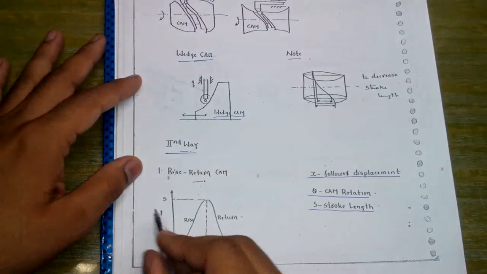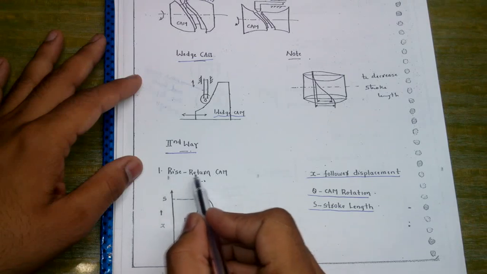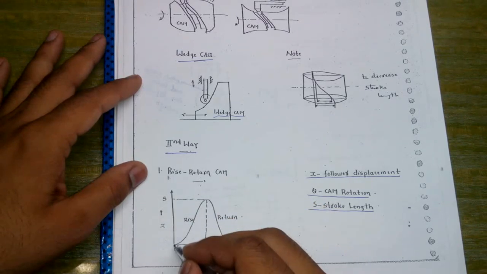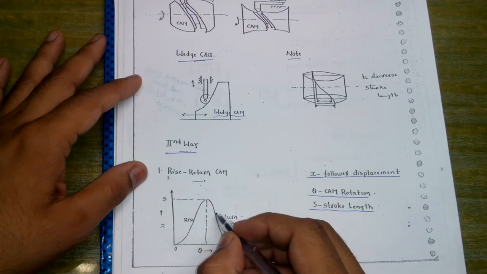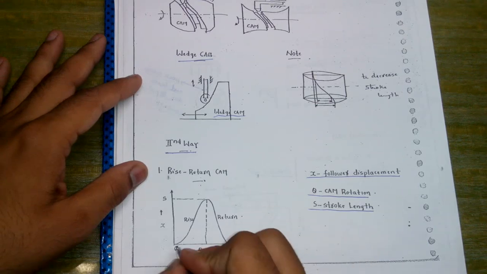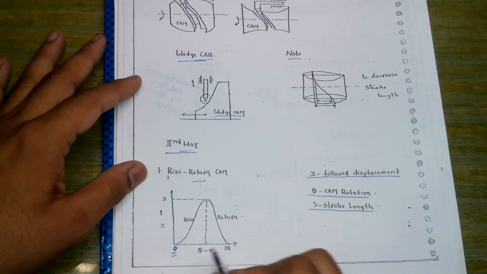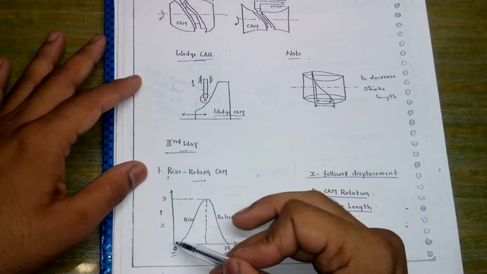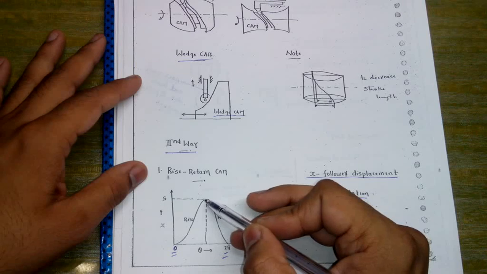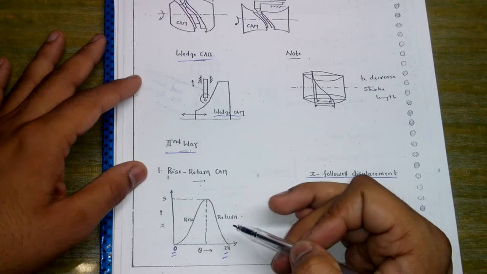Now the second way of analysis is the rise-return cam. Rise means it will rise and then come to its initial position, such that the entire process takes place between the angle 0 to 2 pi. In the first region it is rising, then becomes maximum, and then it is returning.